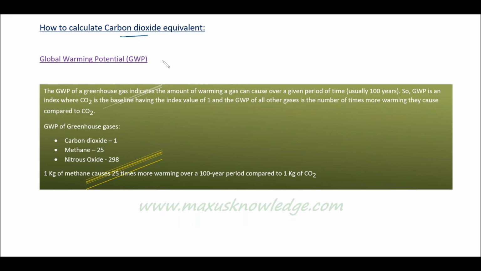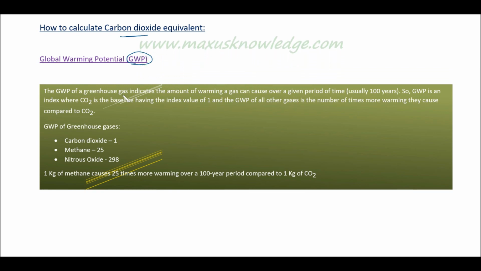One of the terms we need to understand is called global warming potential, or GWP. The GWP of a greenhouse gas indicates the amount of warming a gas can cause over a given period of time, usually 100 years.